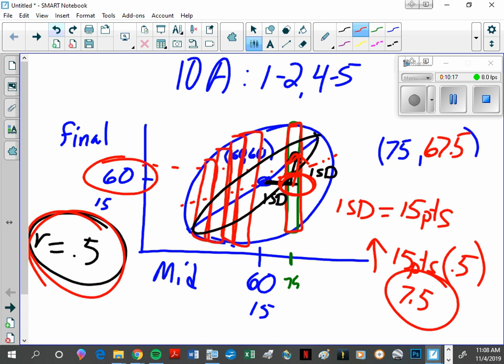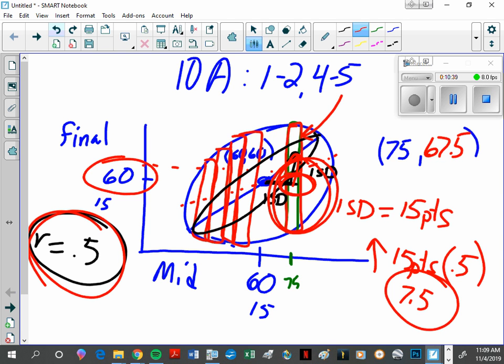My best guess for your score on the final is 67.5. That's my best guess. Now, some people will score higher than that, but most people will score less than 75. That's just how the normal curve works.